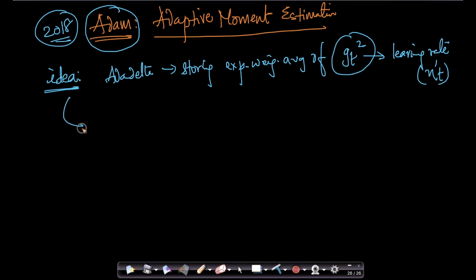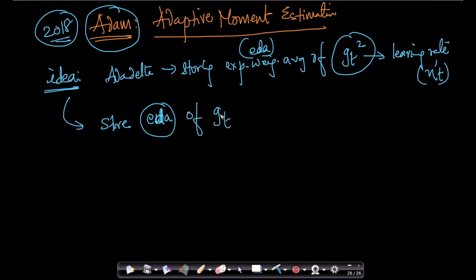The idea here is, in addition to taking the squares of gradients, what if I store the exponential weighted average, I'll just write it as EWA, or exponential decaying average, of g_t also?